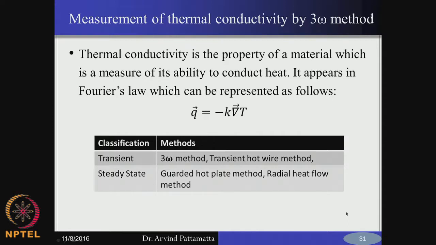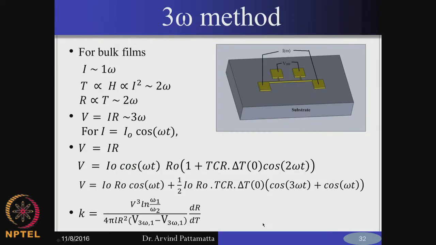Now, when it comes to nanoscale films, even this method cannot be directly used. Therefore, the 3 omega method is used, and it falls under the transient measurement category. It is not a conventional steady state method. So, how does this work? For this we have to do some photolithography.